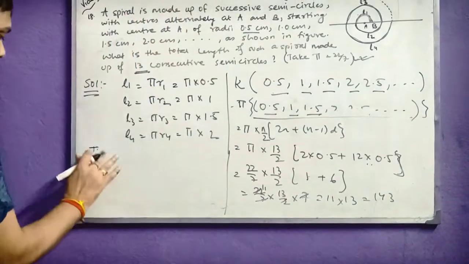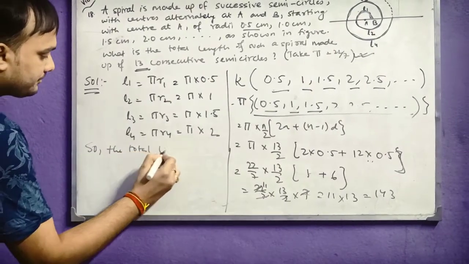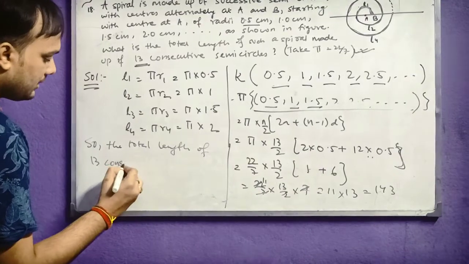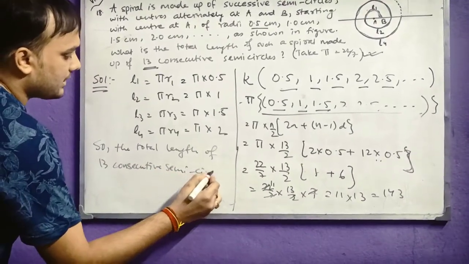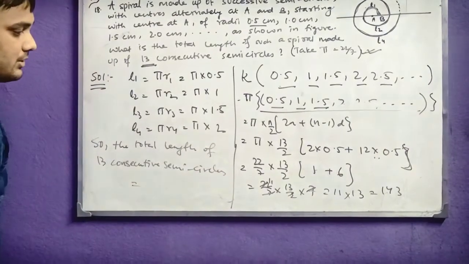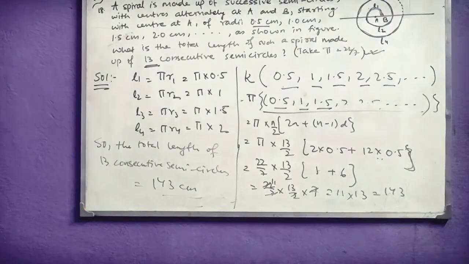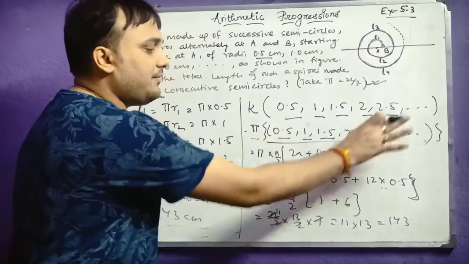So the total length of 13 consecutive semicircles is equal to 143 centimeter.